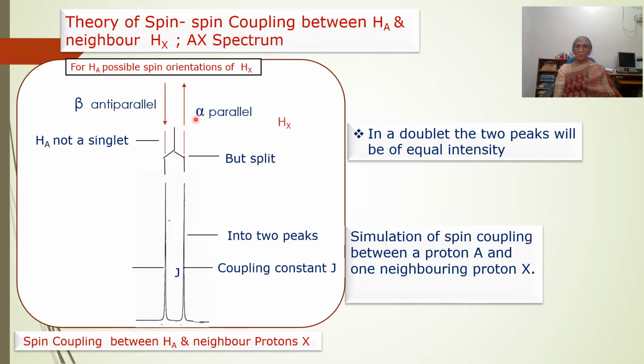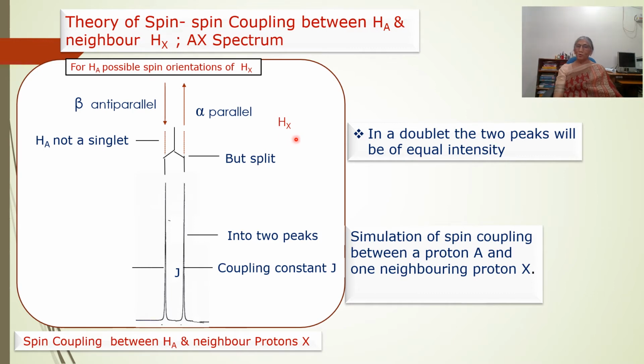When proton A's spin orientation is parallel, in this condition, the net effective magnetic field on proton X will be slightly higher and this proton will be de-shielded. And when the spin orientation of proton A is antiparallel, in this condition, the net effective magnetic field on proton X will be slightly low and proton X will be shielded.